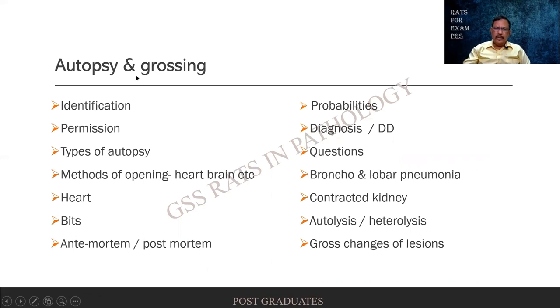In autopsy and grossing, for example, these can be asked as questions. I've already mentioned it. You people can go through it. It is just to give you an idea. But I'll just quote one example. In one of the exams, the examiner had come from a center where autopsy was in full flow.